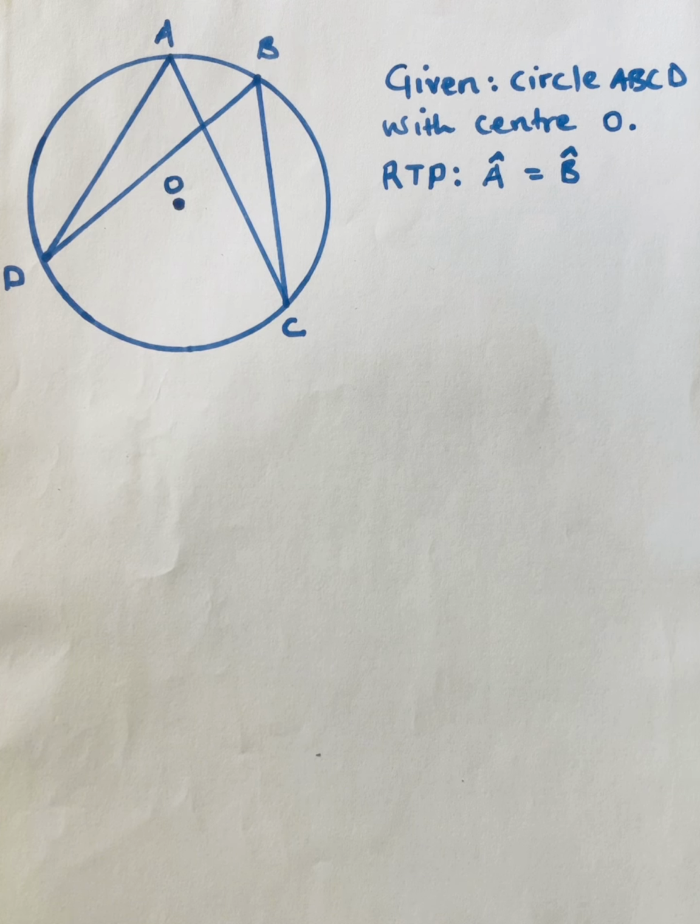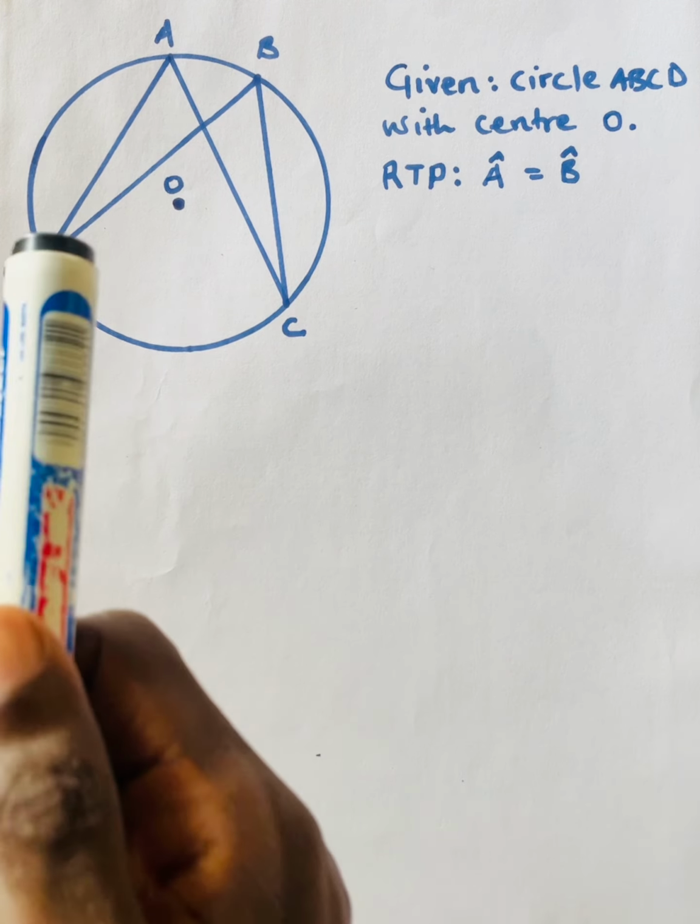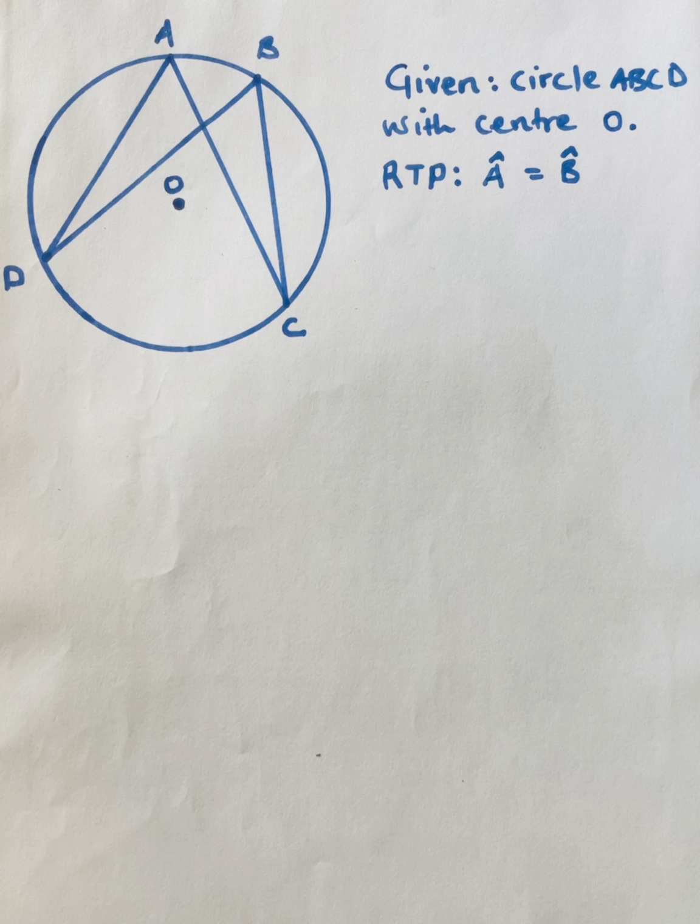So in this theorem, we've been given the circle ABCD with the center O, and you're required to prove that angle A is equal to angle B. This is one of the easiest theorems because it's just a spin-off of theorem number 2. So let's quickly prove that angle A and angle B are indeed equal to each other.